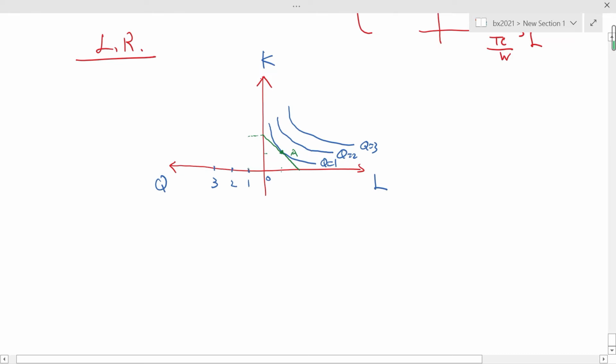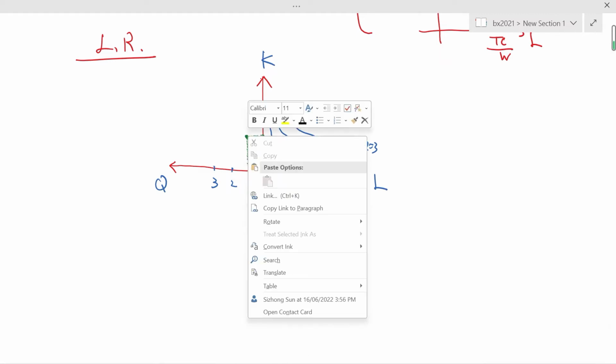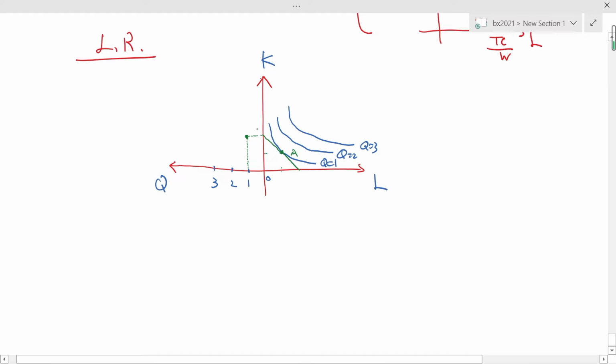Go from 1 up to get this point, and I'm going to still label this point as A. But be aware that point A here means capital and labor, and point A on the left-hand side is in dollars, cost and quantity.